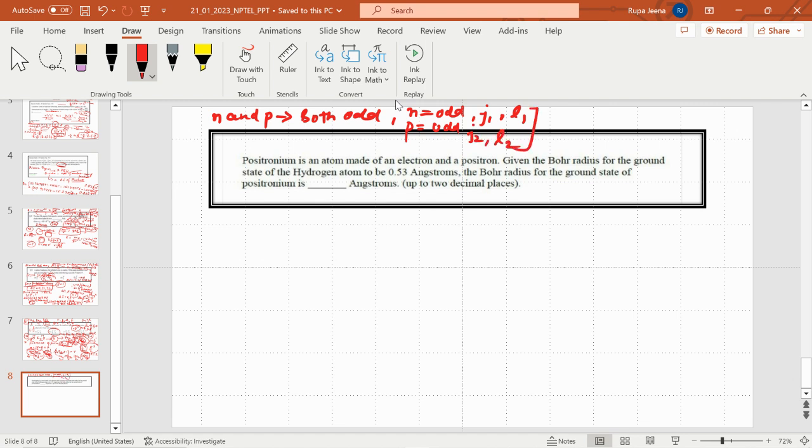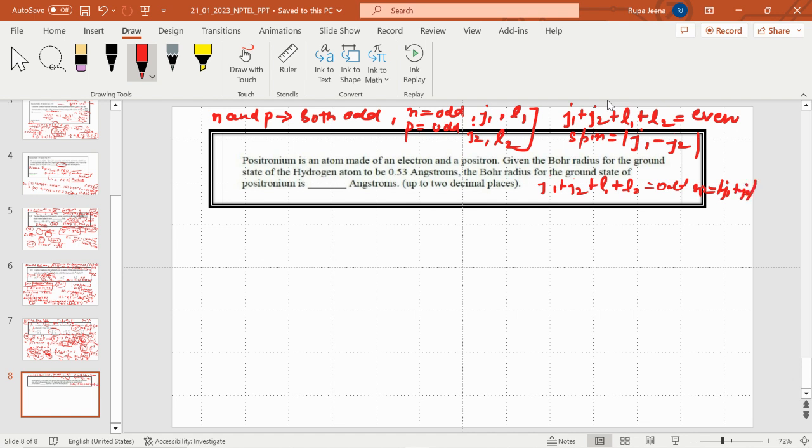So try to find out these two values. Then add J1 plus J2 plus L1 plus L2, and if it is coming even, then spin will be J1 minus J2. And if it is coming odd, then spin will be J1 plus J2, right?